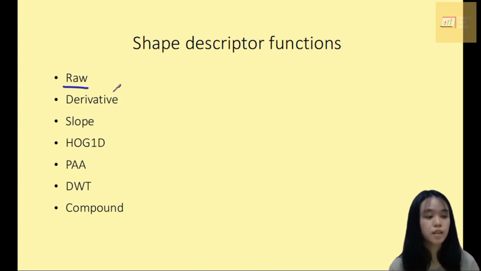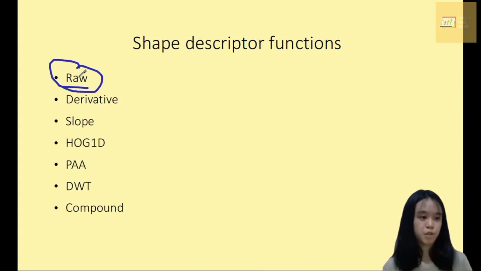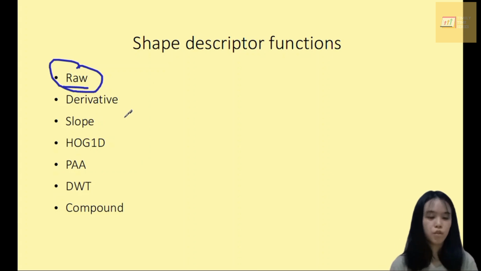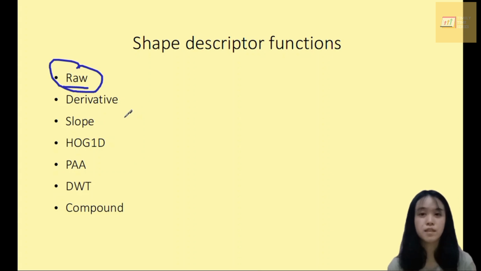But note that in this particular case, we're doing an audio classification. So raw itself, it's not so raw anymore, because the input of ShapeDTW is MFCC, right? So it's already a feature, so like a subsequence of features.